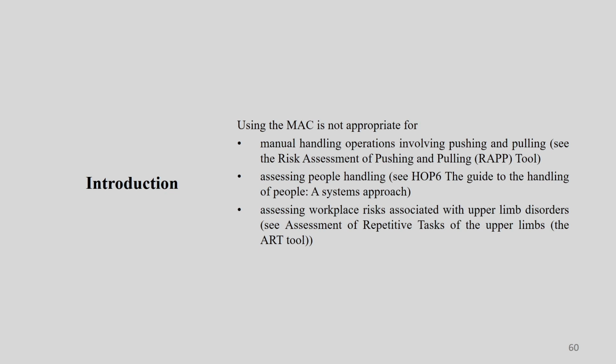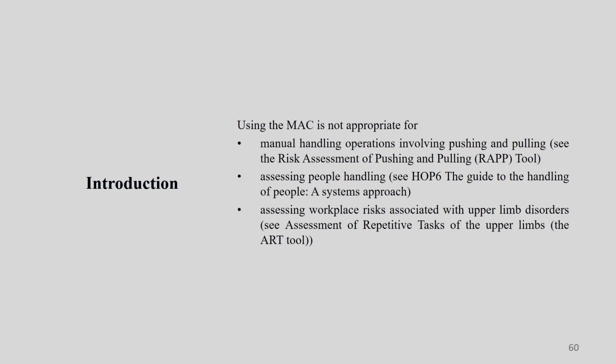These are the places where you cannot use the manual activity assessment chart: manual handling operations involving pushing and pulling, as it covers only lifting and carrying. For pushing and pulling, we have some other tool that we should use. One example is the risk assessment of pushing and pulling. This is a different tool altogether. You can use that particular tool, but not the MAC.